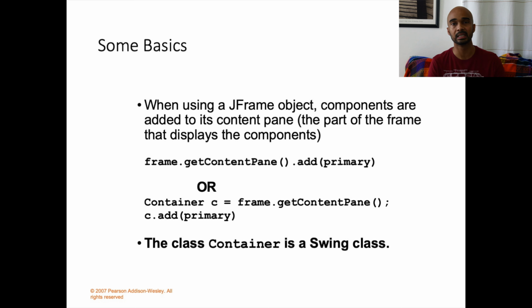I usually recommend storing the container if you have multiple things you want to do to it, for example if you want to set a layout on that container as well as add content to the content pane. I would again encourage you to explore the Container Swing class. It has some important convenience functions as well, so go and check that out.